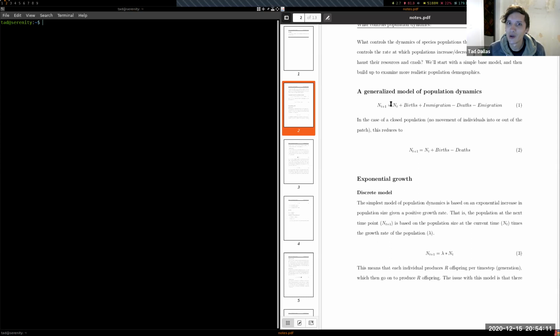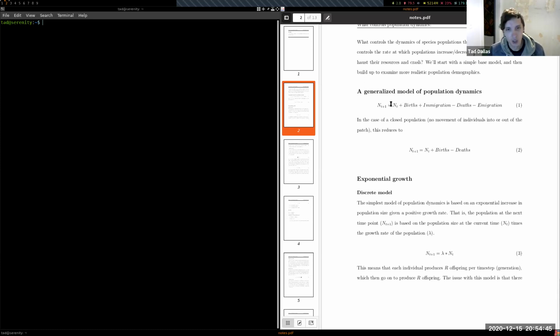Time t could be any time labeled t, but time t+1 means that the unit of t has to be such that it's meaningful. Typically it would be considered to be a generation, so you're assuming non-overlapping generations, which means that individuals reproduce and then die. And then at time step t+1, that's like a new cohort of individuals, if that makes sense.